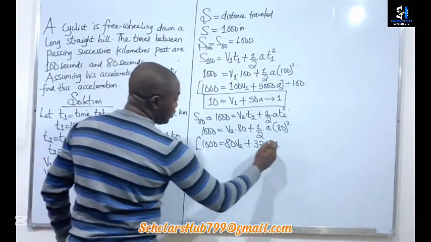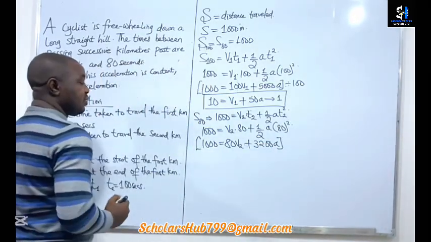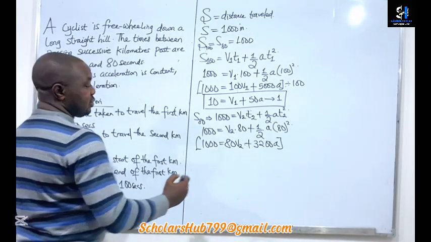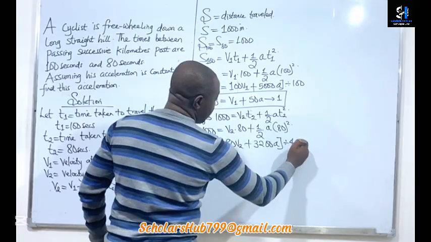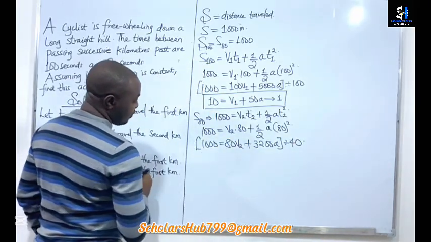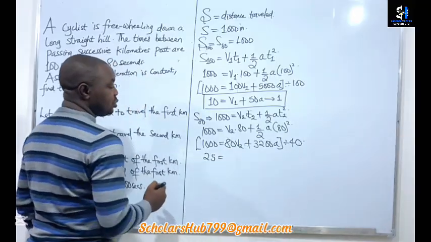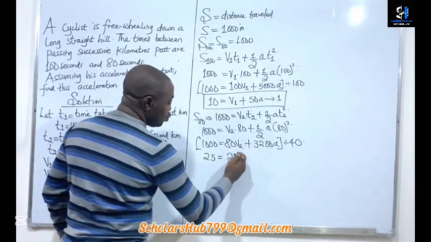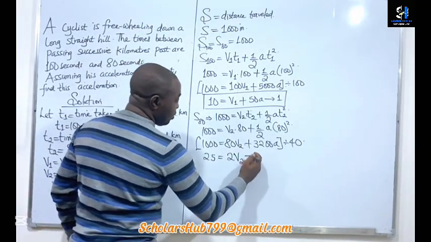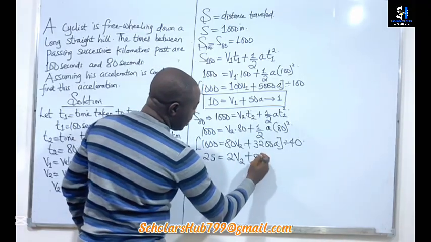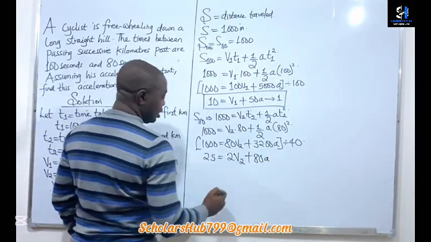Let's also divide this by 40. If you divide this by 40, 1000 divided by 40 will be 25, then this will be 2V2, then plus, 80 divided by 40 gives 2 for the V2 term, and 3200 divided by 40, of course, will be 80A.